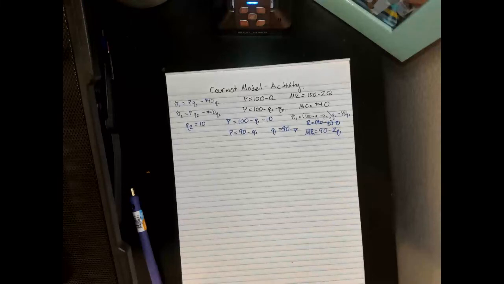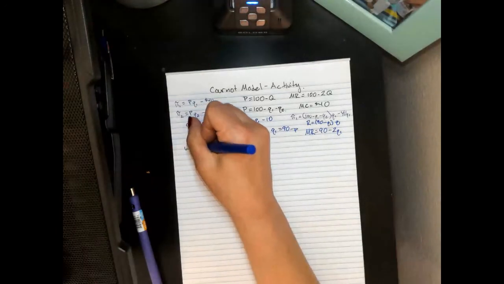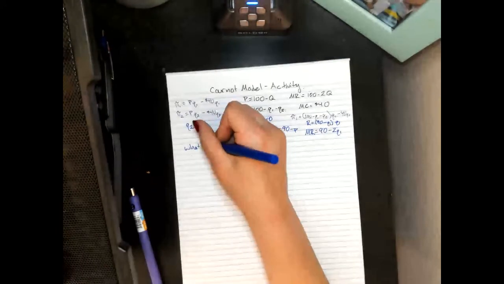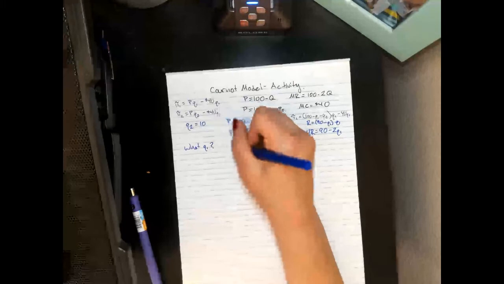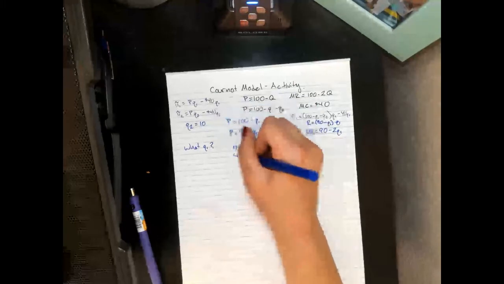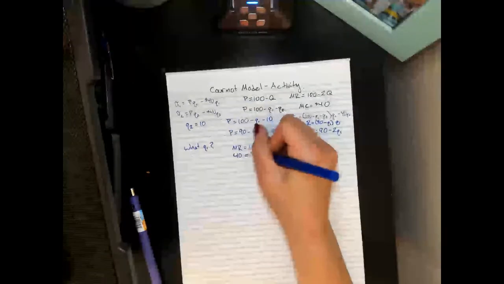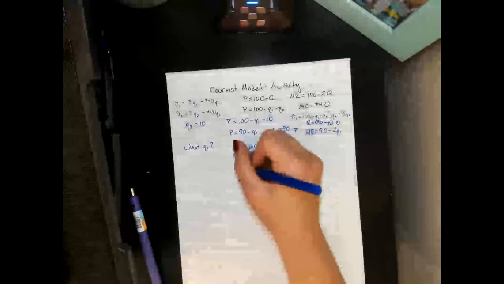So now we want to find the equilibrium quantity. If we want to find what firm 1 is going to produce, we want to set marginal revenue equal to marginal cost. So marginal revenue equal to marginal cost is going to be that $40 equal to 90 minus 2Q1.